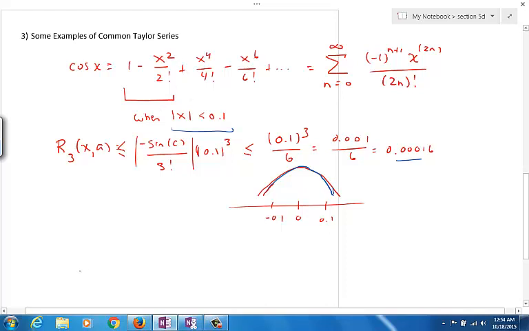Taylor series polynomial, or we could just do the opposite. We could ask, for a given Taylor series polynomial, what does the range in x have to be to get a certain error? So in other words, I could set my error from the beginning, maybe to say 0.1, and then this would look like this. And then I could go ahead and figure out x. x would just be the cube root of 0.6.